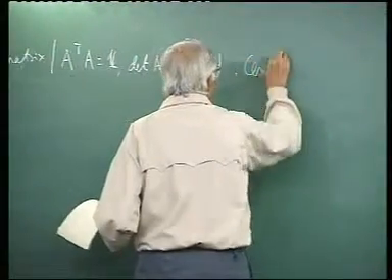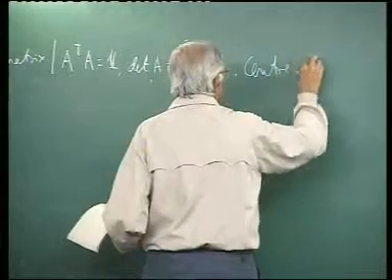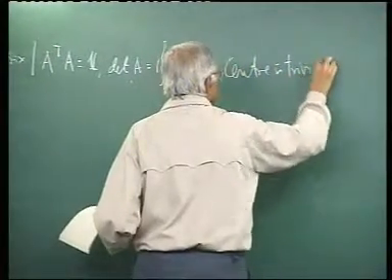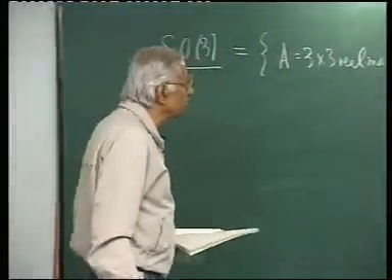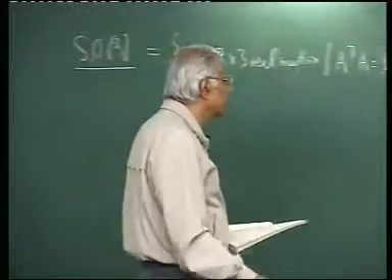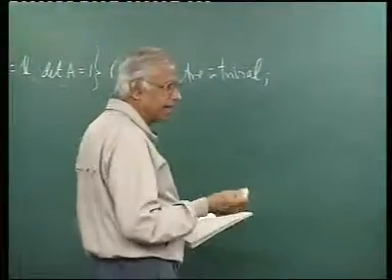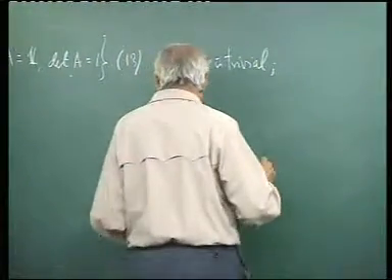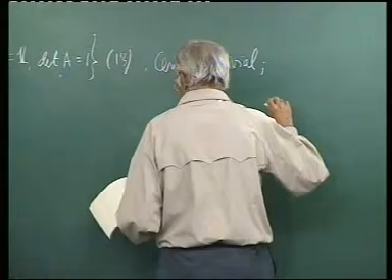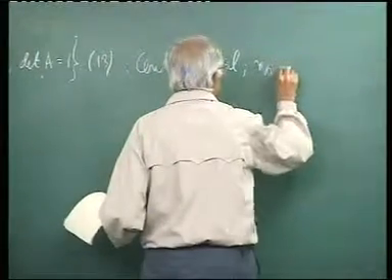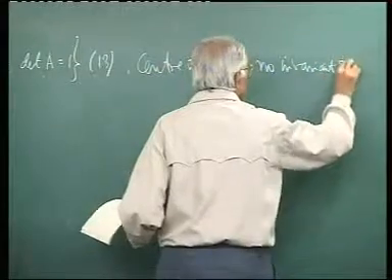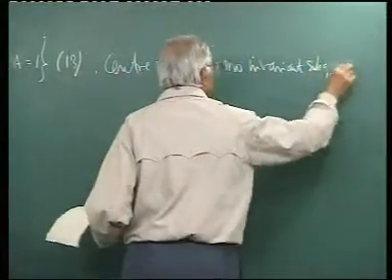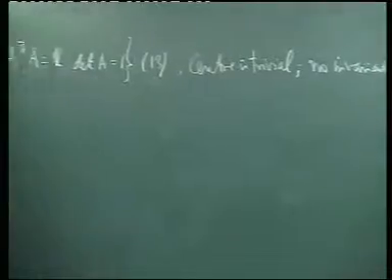Here are some other facts which I will leave to you to convince yourself. The only element of SO(3) which commutes with all elements is the unit element. So the center is trivial. Again, very different from SO(2). It has no invariant subgroups, so it is a simple group.